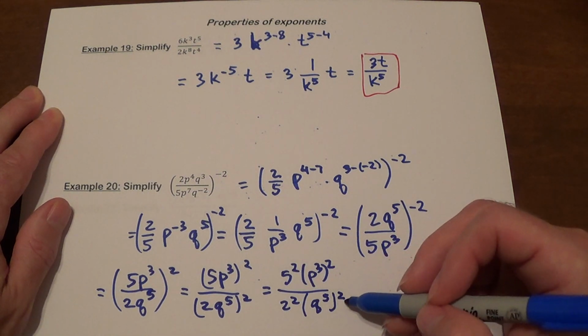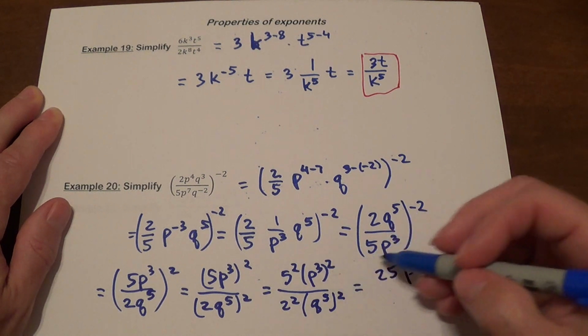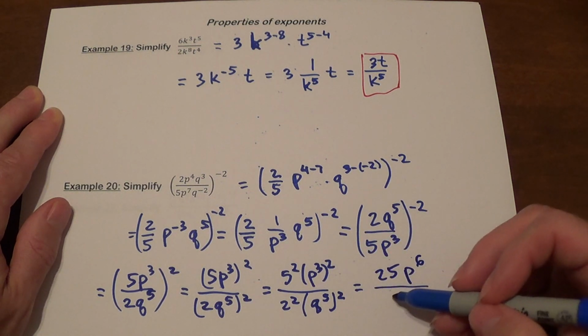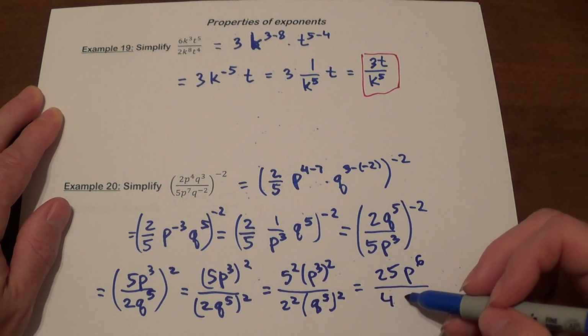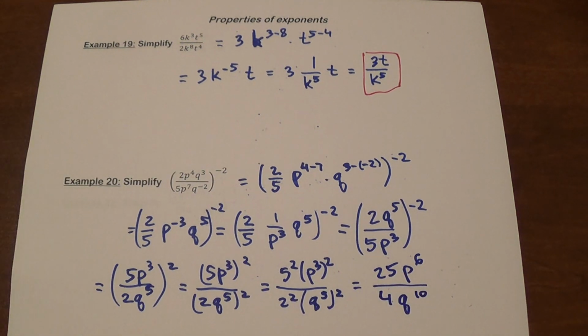Multiply exponents here, multiply exponents here. 5 squared is 25. P 3 times 2 is 6. Over 2 squared is 4. Q to the power of 5 times 2 is 10. That's the answer here.